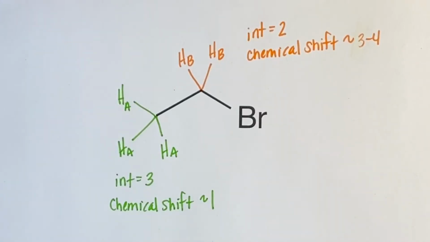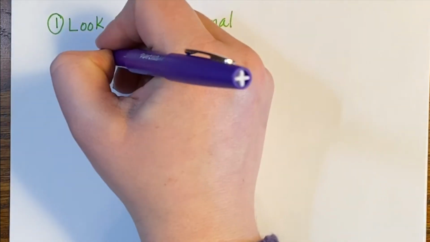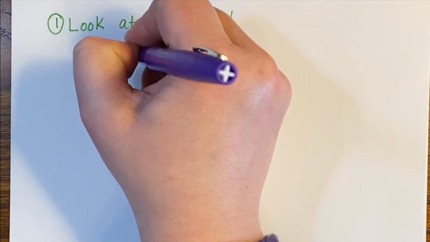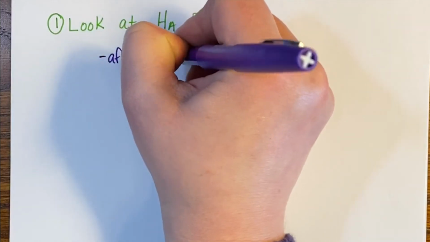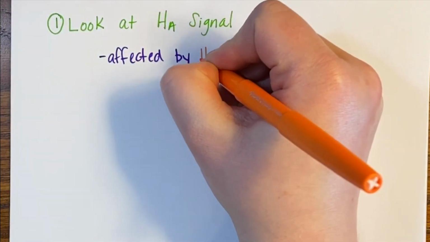Now, when I go to understand the multiplicity for the signals that I will see for HA and HB, we're going to look first at the signal for HA. So the signal for HA is going to be affected by the protons that we have called HB.